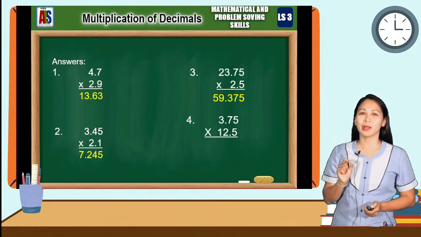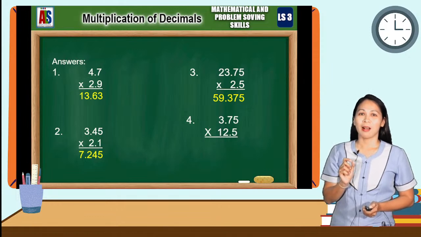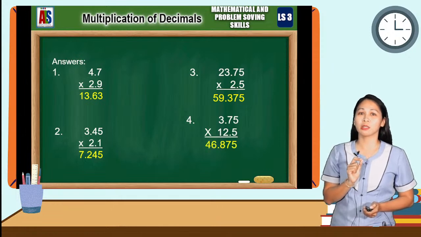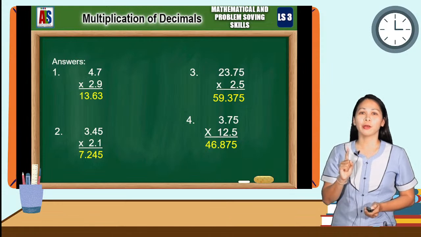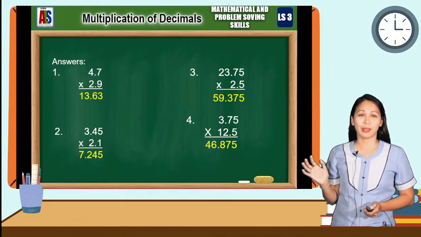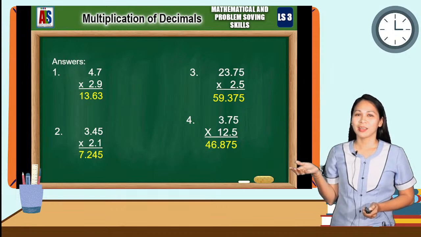Since the numbers to be multiplied are both 3-digit numbers, either of them can be the multiplier or the multiplicand. So, if your answer is 46.875, you are correct. So, did you get all the perfect score? That's great!